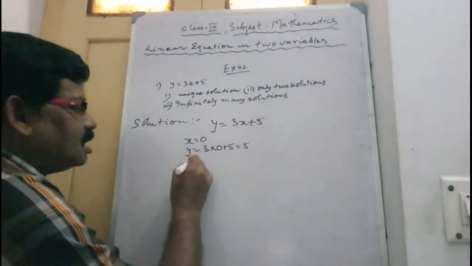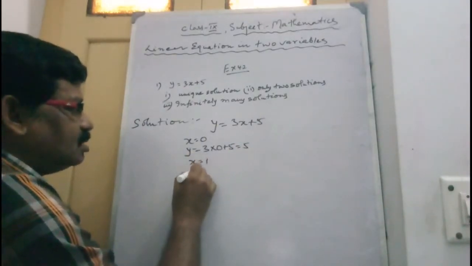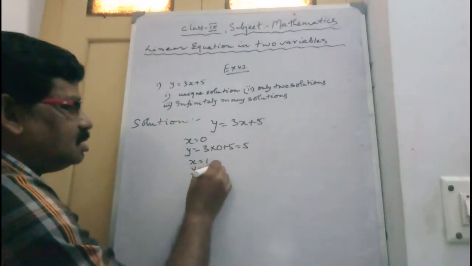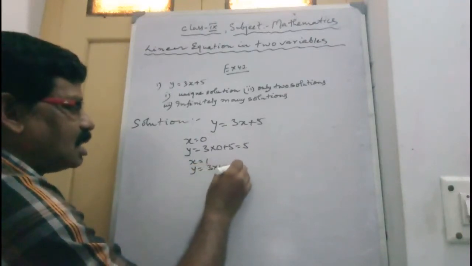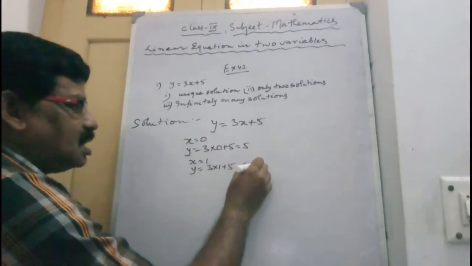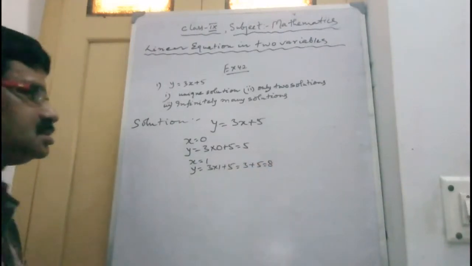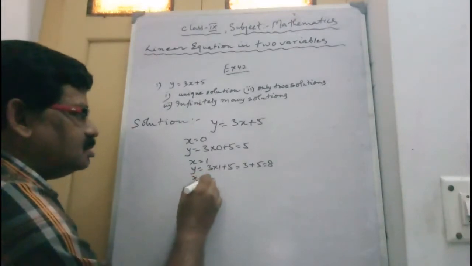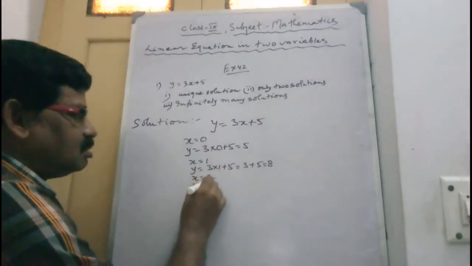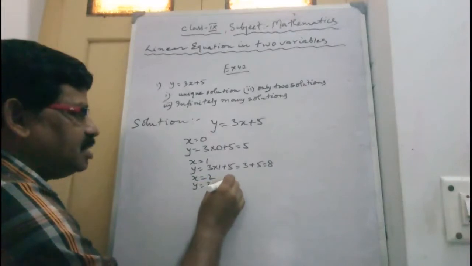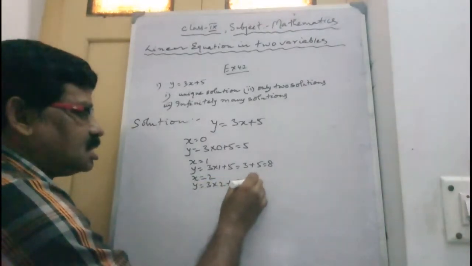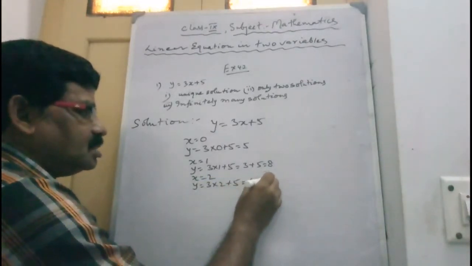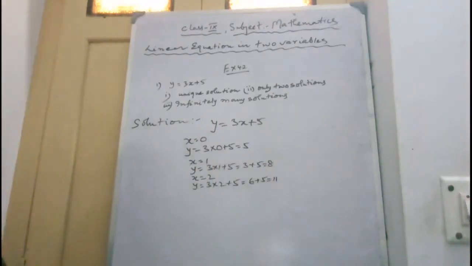Now you take x equal to 1, y equal to 3 into 1 plus 5, so 3 plus 5 equal to 8. Now you take x equal to 2, y equal to 3 into 2 plus 5, so 6 plus 5, that is equal to 11.